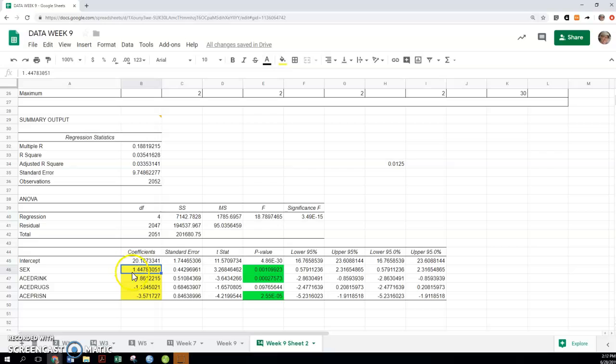So what does this 1.45 mean? It means as you go up 1 unit on this variable, and in this case I believe that's going from male to female, I believe male was 1, female was 2, you're getting a predicted 1.4 more days of poor mental health per month.